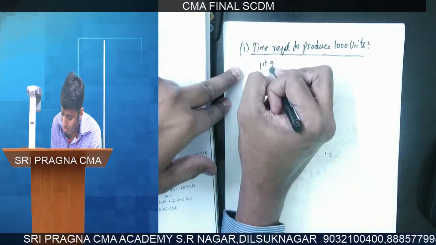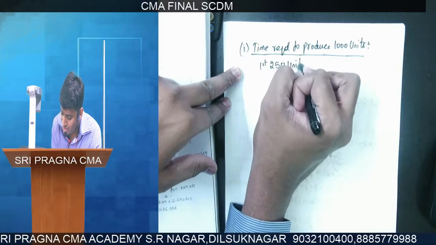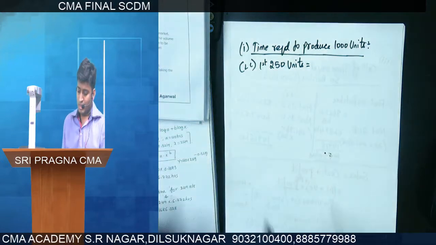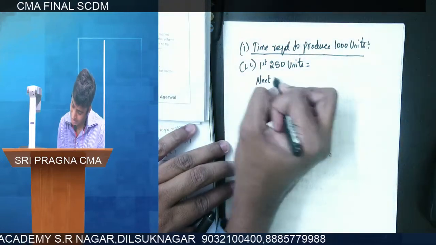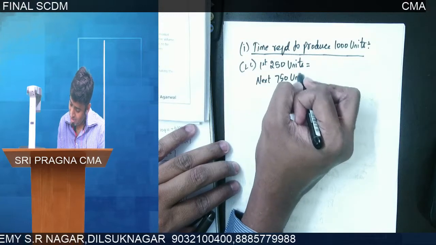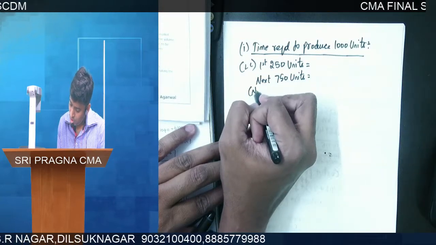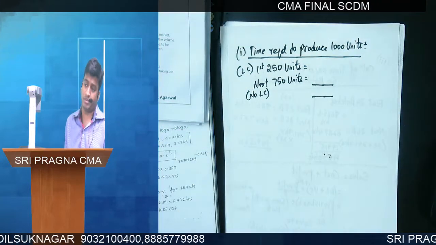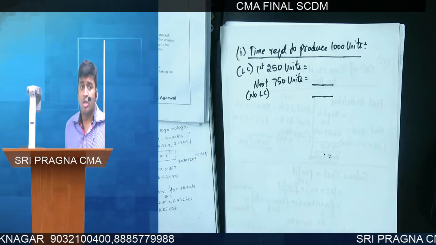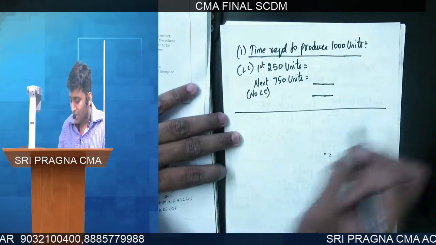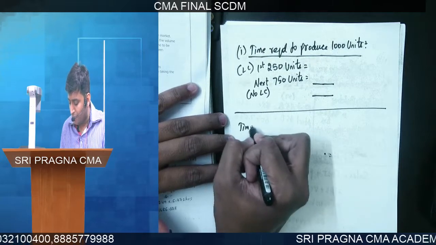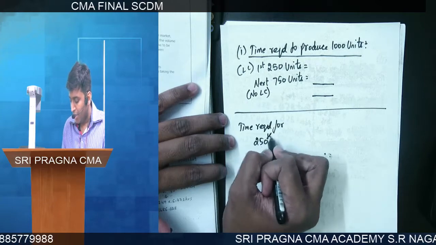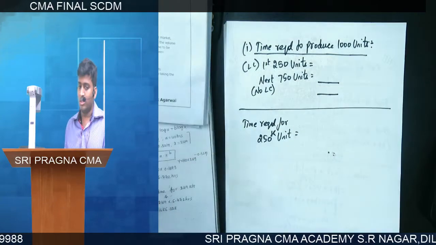One thing is, for the first 250 units the learning curve concept applies. For the next units there is no learning curve and the time taken is exactly similar to the 250th unit. So what I want now is the time required for the 250th unit.